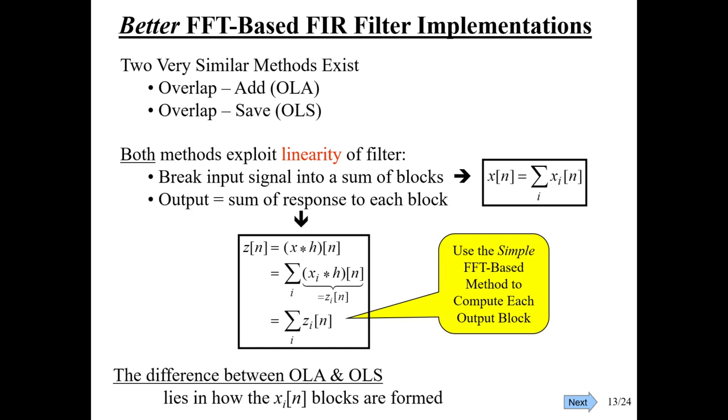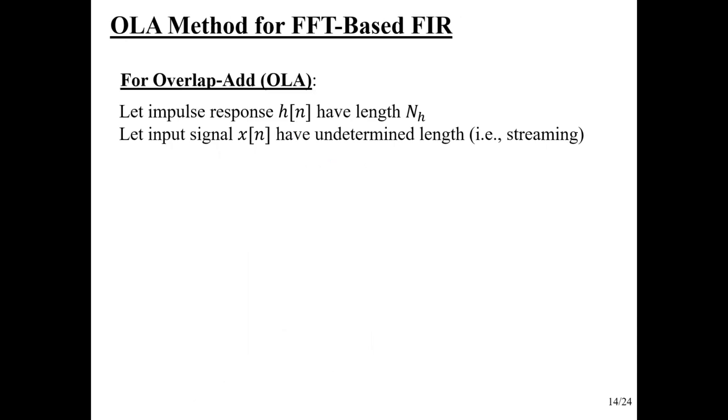So the main difference between the overlap add and the overlap save is how these blocks are handled. So for overlap add, we're going to say, let the impulse response have some length n sub h. I was using n1 and n2 in previous slides, but we've graduated now to this, n sub h. And then we're going to let the signal x of n have an undetermined length.